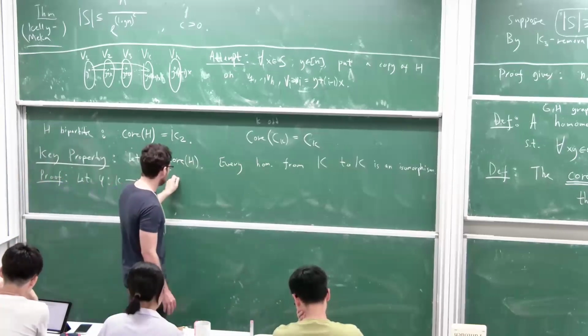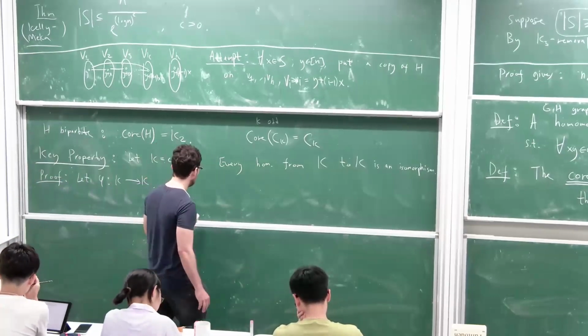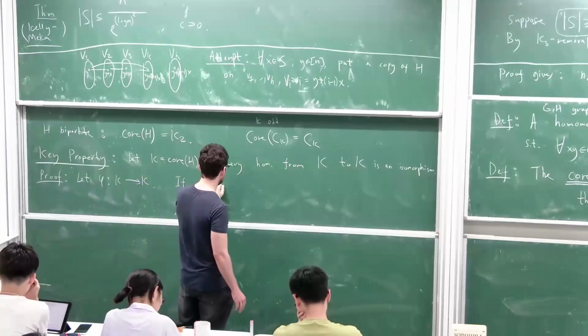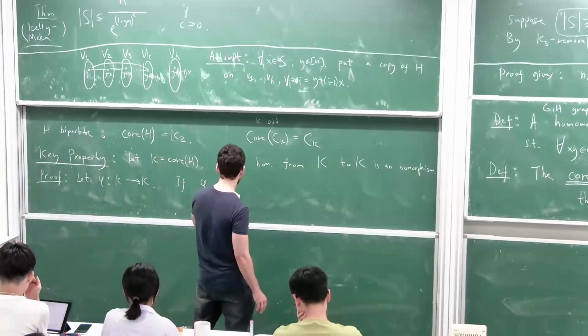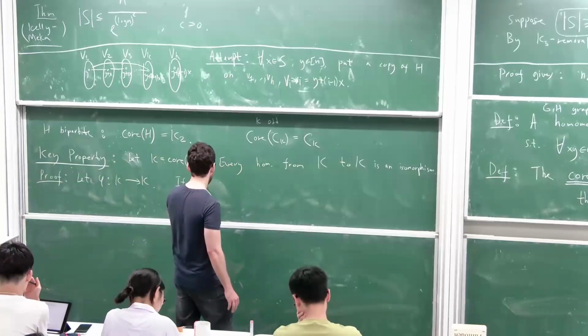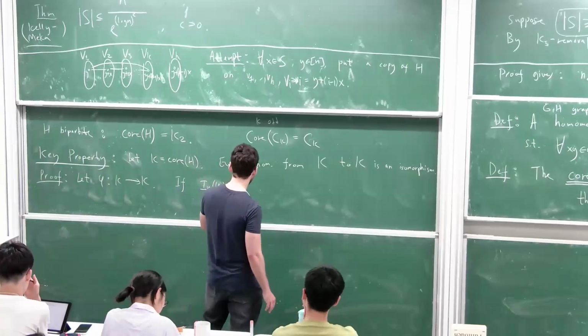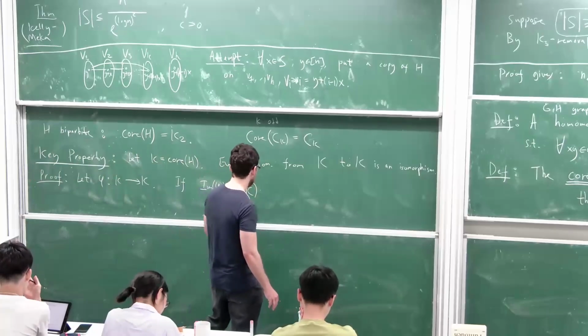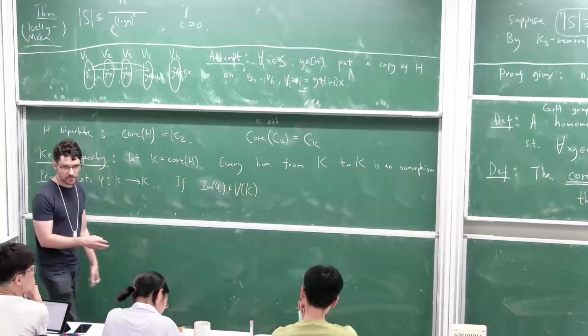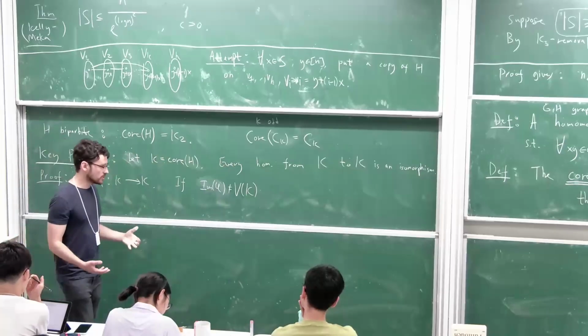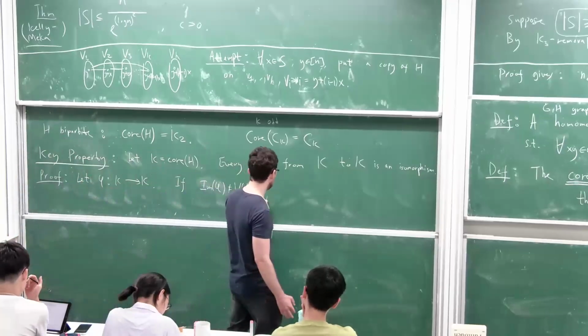Now, if the image of phi is not the whole vertex set, so if it shrinks, we get a contradiction. Why do we get the contradiction?